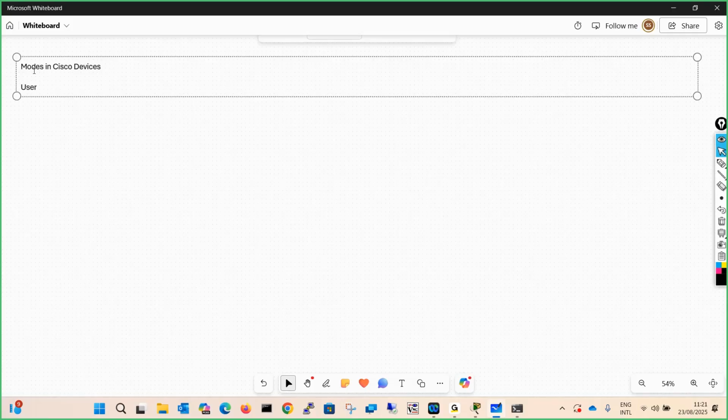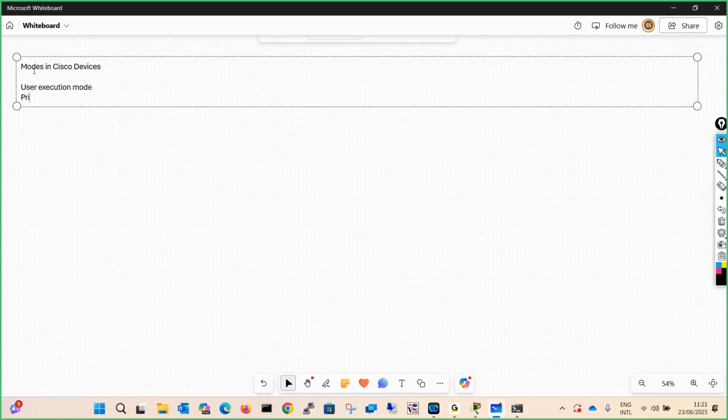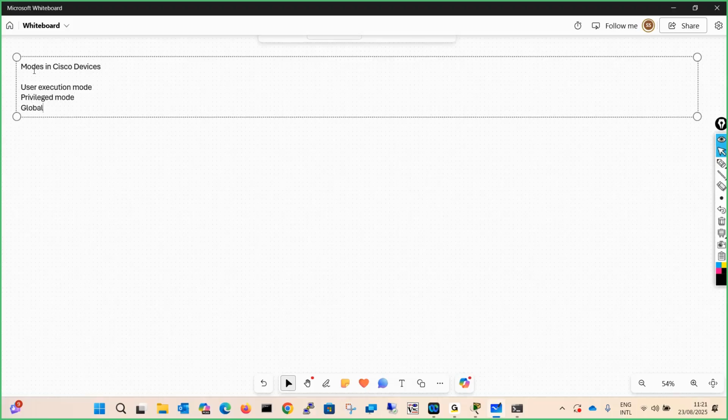First mode is user execution mode. Another one is privileged mode, then global configuration mode. These are the primary modes in which you will be doing configuration on a daily basis.